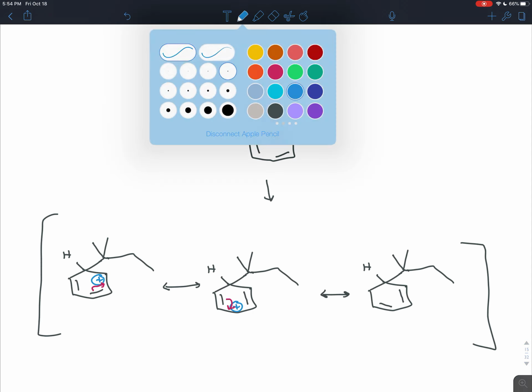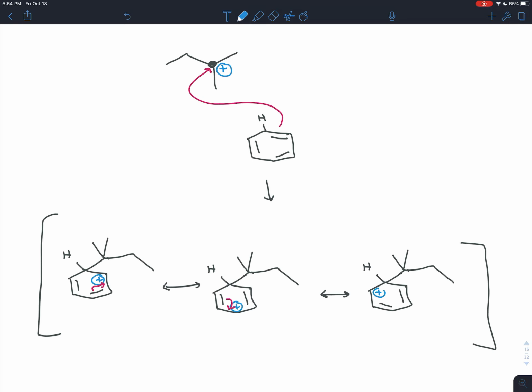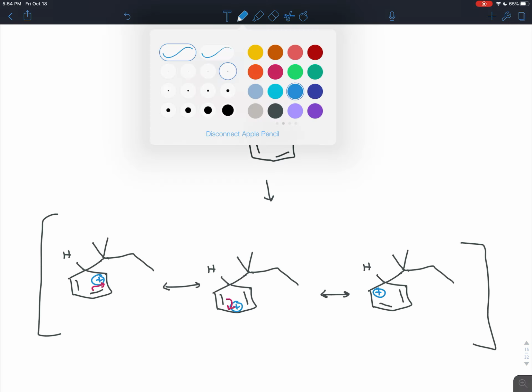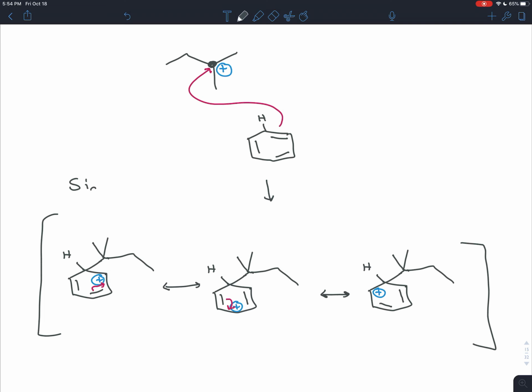So the electrons move over, and when they do, they stabilize the positive charge, but then a new positive charge arises. So this is your resonance-stabilized sigma complex. And so that resonance helps to make that intermediate more stable, but of course it's less stable than benzene.